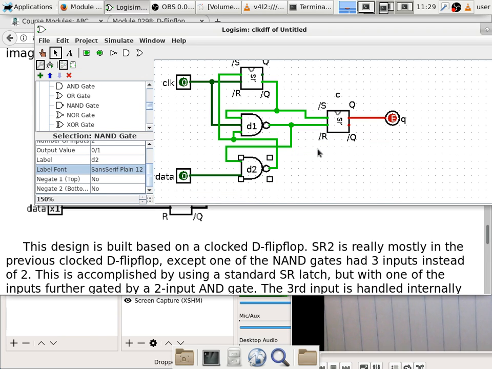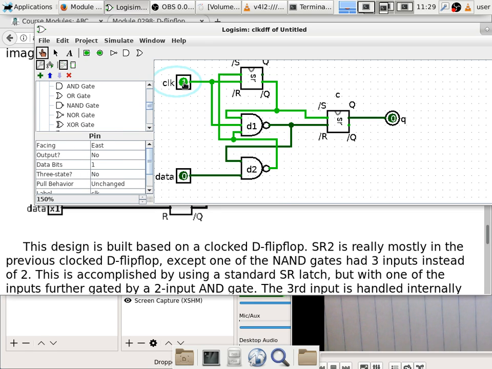All right. So this one is a little bit harder to analyze because you can see that there are quite a few more connections. But let me show you the effect first. So the effect of this one is we have a clock line. When the clock goes from 0 to 1, that is when the SR latch updates. So once it updates, I can change the data line all day long and nothing happens to the latch.